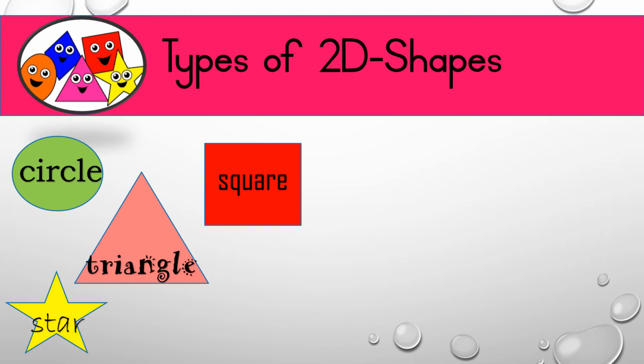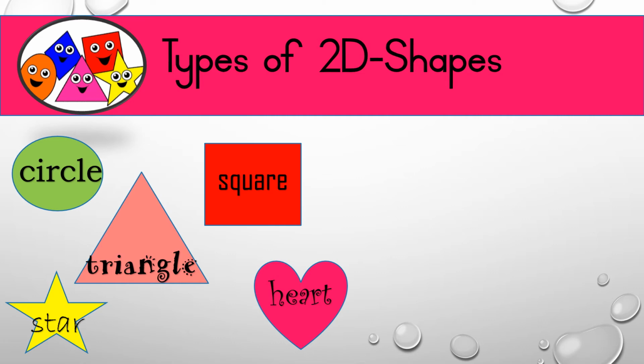A square. That's easy. What is a square that you can see? Maybe you have a Rubik's Cube in front of you, a flat surface, maybe a photo frame, maybe your TV is a square. The next one is a heart.